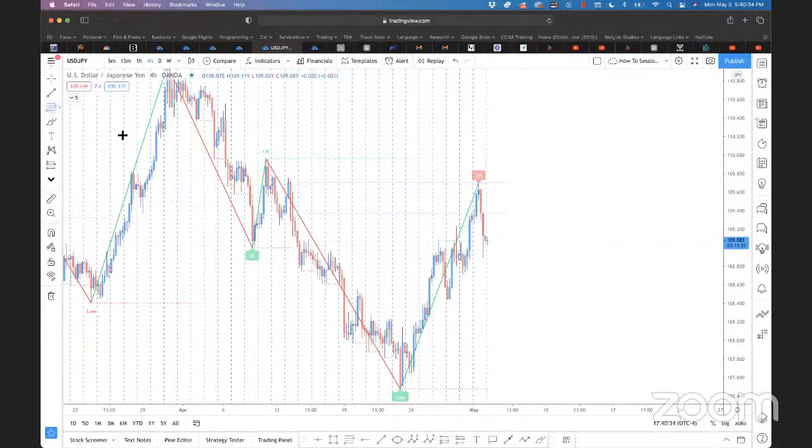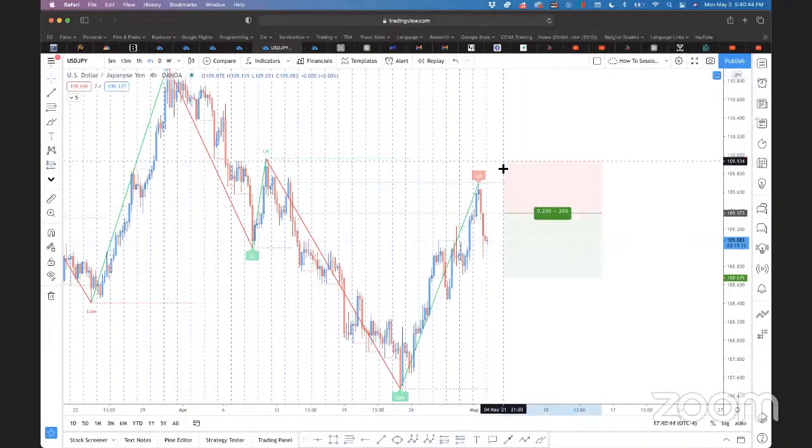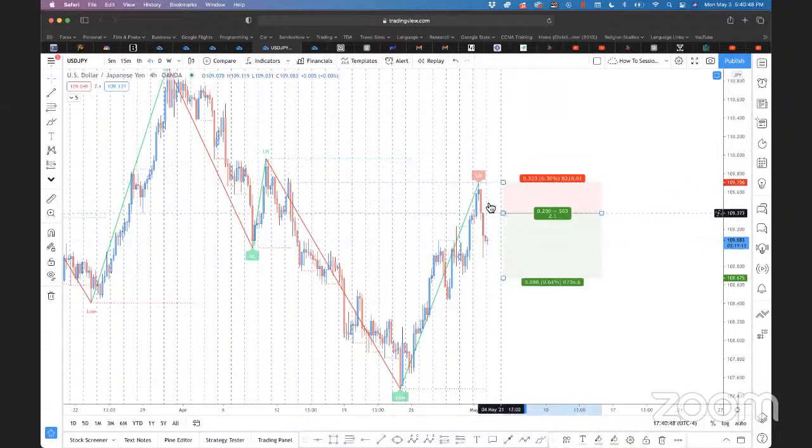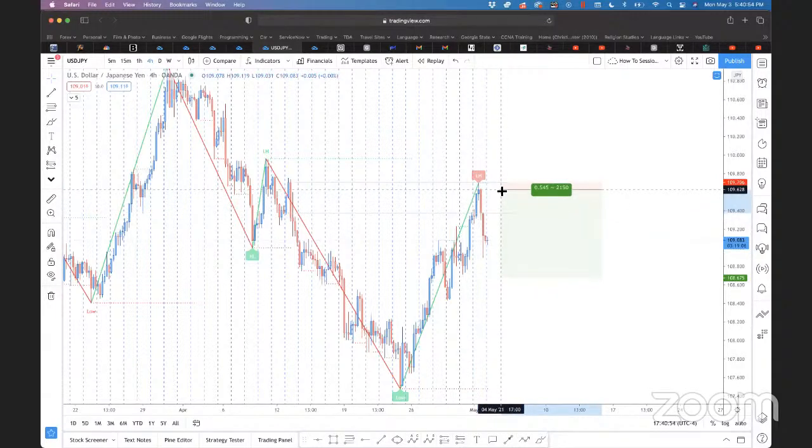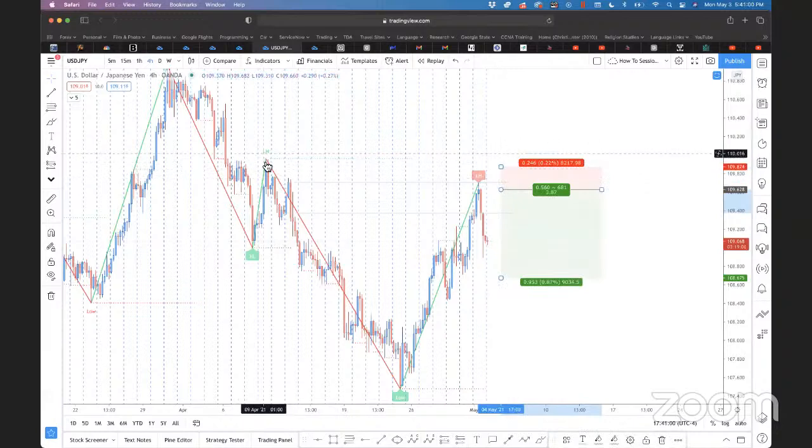I'm going to show you a couple of examples, right? So if I'm using this as my trade setup, and I'm looking to take a sell, let's say I finally see my setup right here. I know that at worst case, this is going to be my stop loss because it's the next high up.